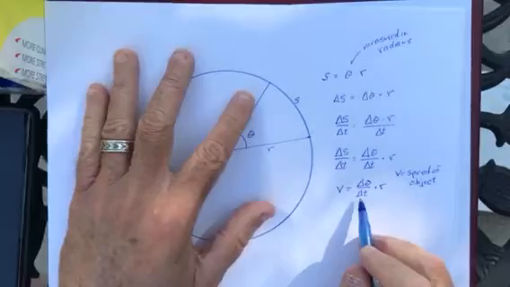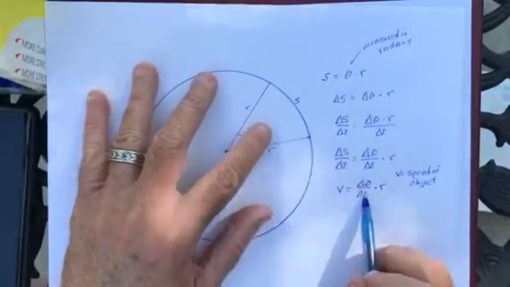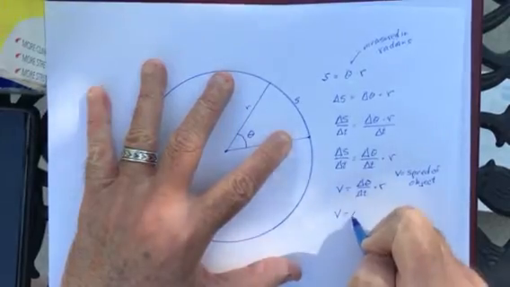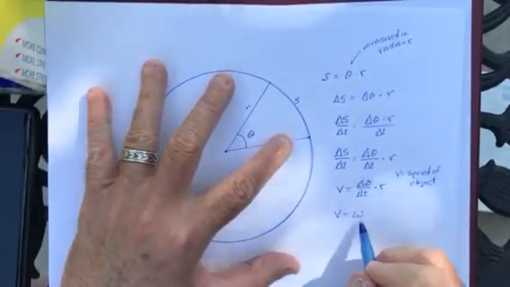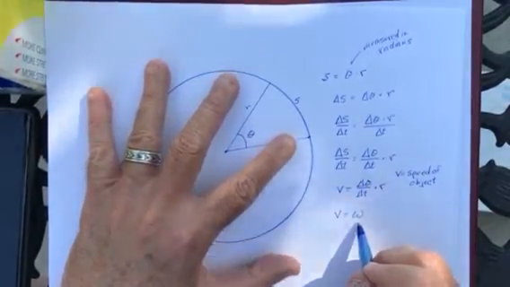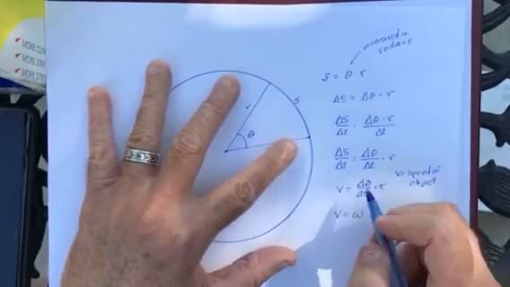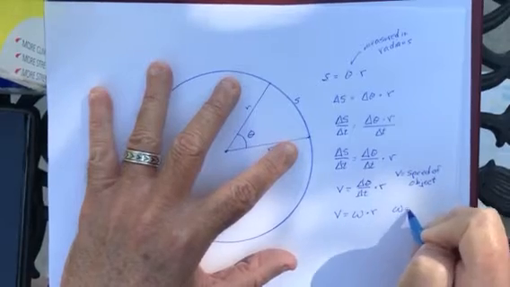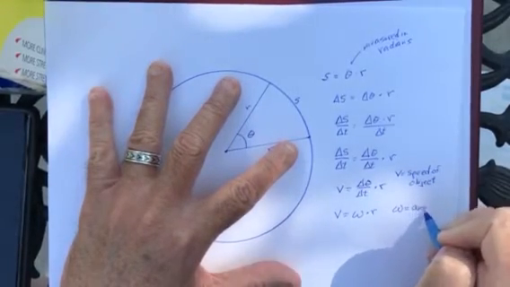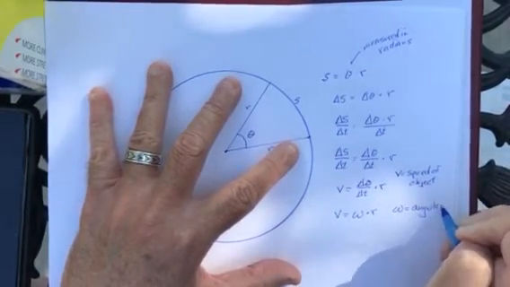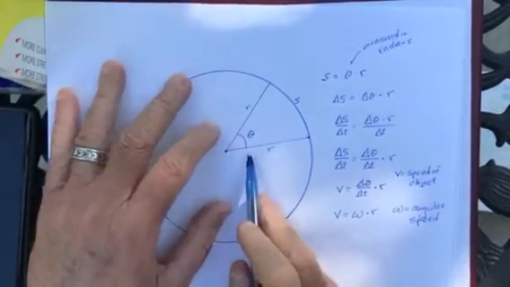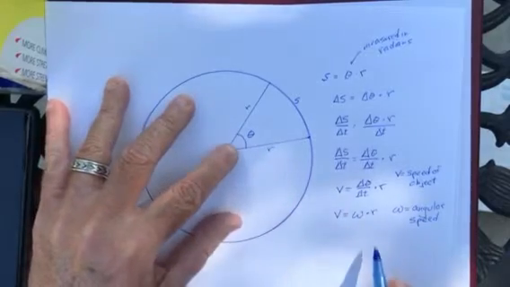But we're also going to make a new symbol designation here as well. We're going to say that v is equal to the Greek letter omega, which looks a lot like a W, multiplied by the radius. So that omega, we're going to call the angular speed. And by angular speed, we mean the rate at which the angle is changing.